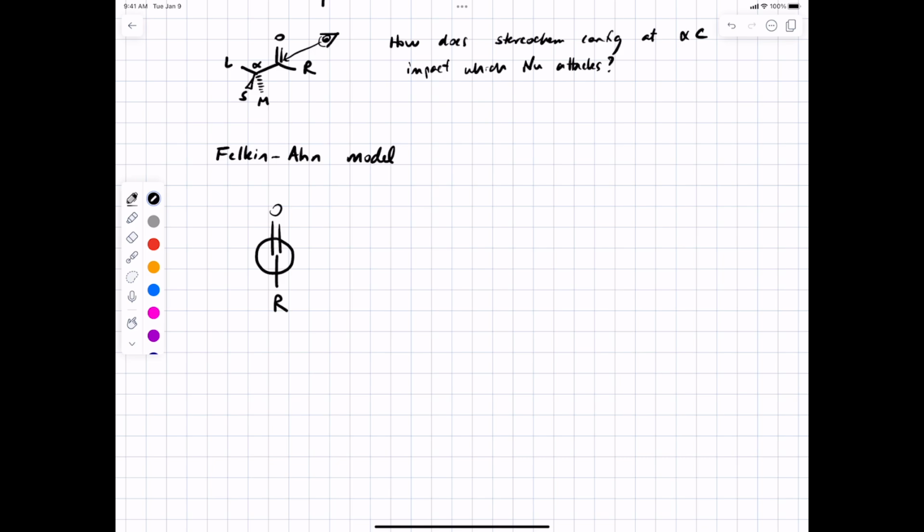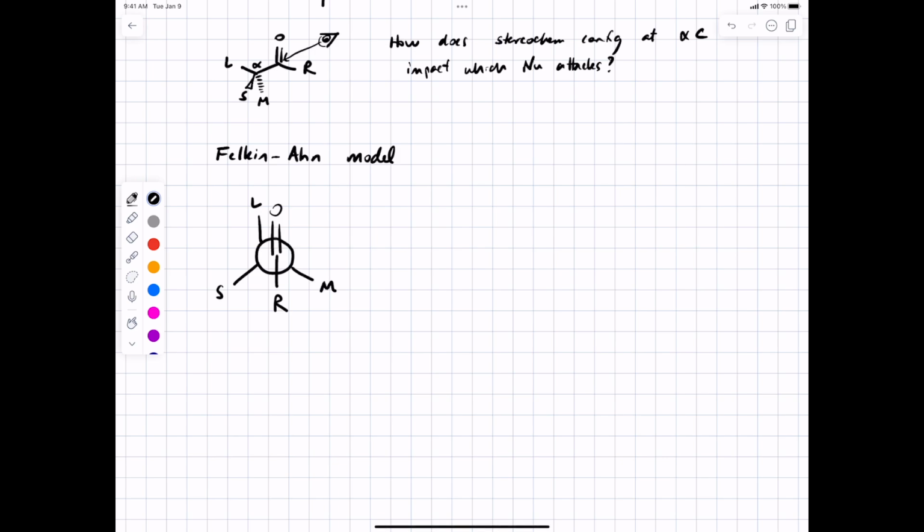Now, as I've drawn it here, it looks like that large group is basically eclipsed with the carbonyl group, and the small group, we lean our faces in the plane of the page and look that way. The small group should be coming out of the page to our left, and then the medium group should be coming out towards our right.